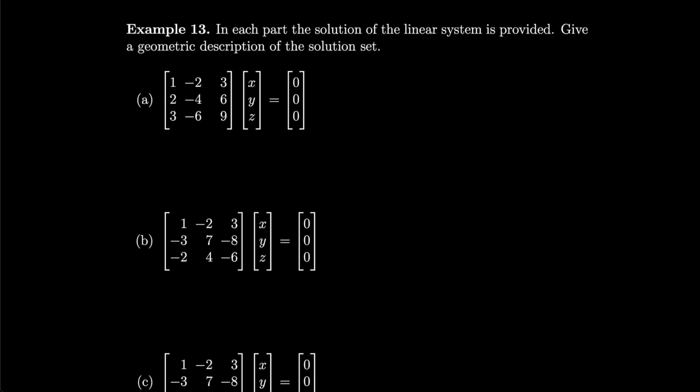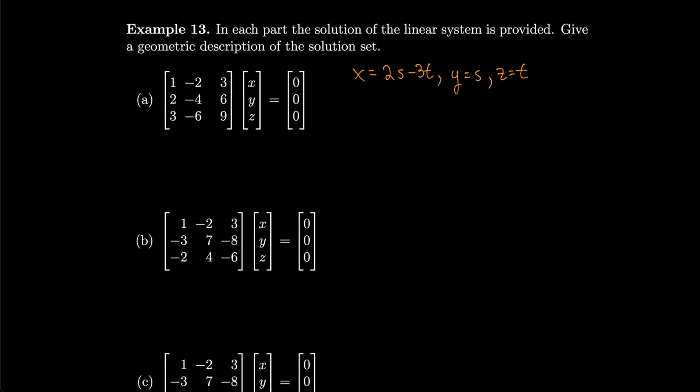In other words, y and z will end up being free variables, so we could just parameterize them. We could write x equals, moving this to the other side, 2y minus 3z, or 2s minus 3t, where y equals s and z equals t.